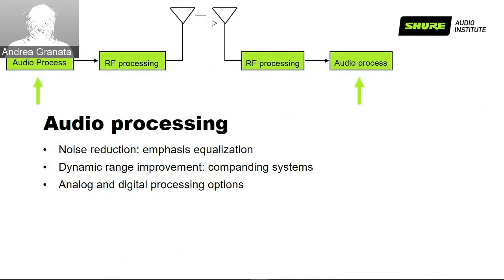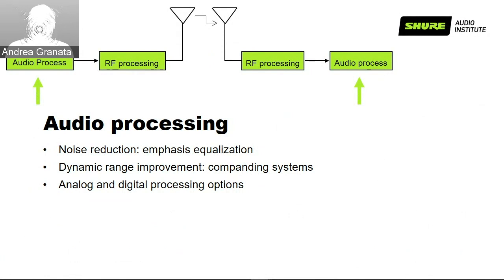Therefore, very early, an emphasis equalization was introduced to help us to avoid noise. The second step was about dynamic range that had to be controlled somehow, and therefore we have a companding system. This can happen in an analog processing or with digital processing.